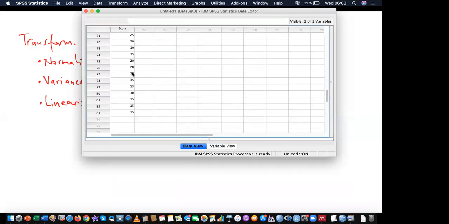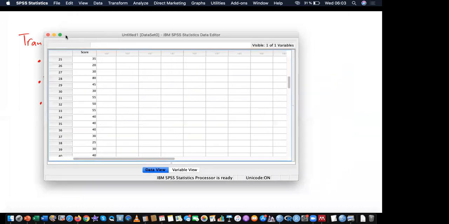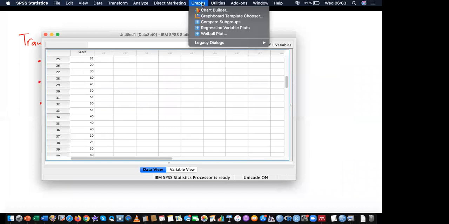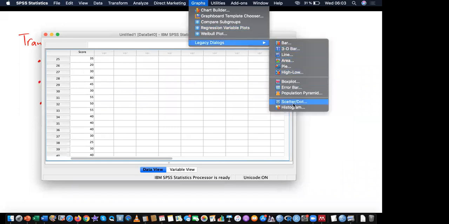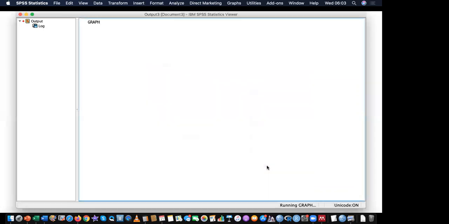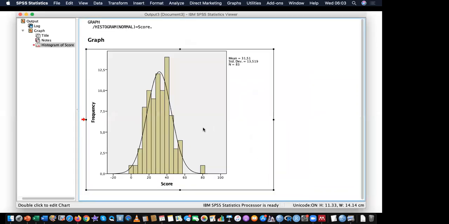I have copied your scores from the exam here to the SPSS, and I want to draw a histogram of the score showing the normal curve. Here is my histogram.